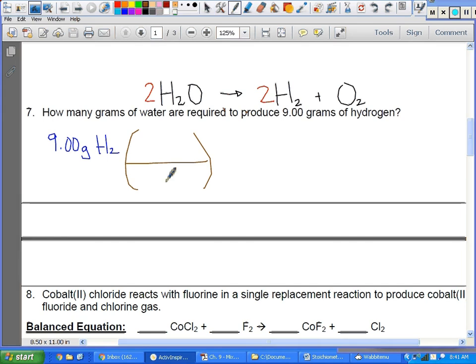And after moles of H2, once I'm in moles of H2, can I go to moles of water? Remember, to go from one compound to a totally different compound, you got to go through moles. Moles of H2O, and then finally I can do grams of H2O.